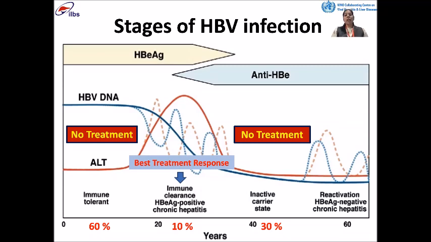In the other stages, like the initial immune tolerant stage or the inactive carrier stage, no treatment is required for this HBV infection. So only a minimum, about 10% of cases, respond best to treatment, that is immune clearance HBeAg positive chronic hepatitis.